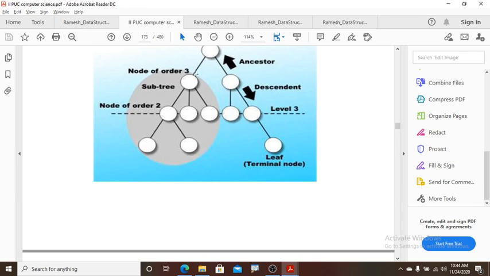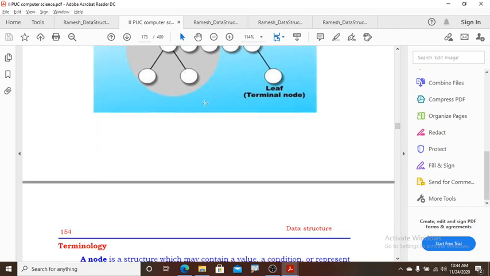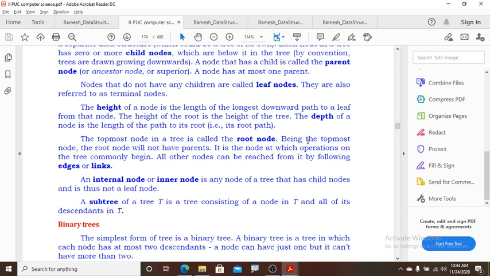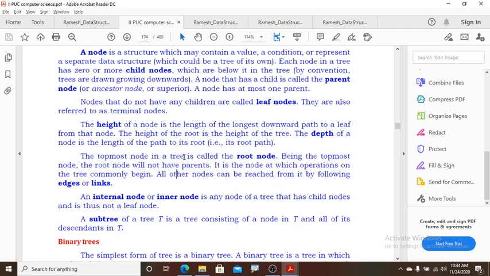That length gives the depth of a node. So depth is different from height. You have to write this definition. This definition is required for depth of a node, and also for height of the node. Make a note of it, take pen and paper, write down all these definitions and practice them.